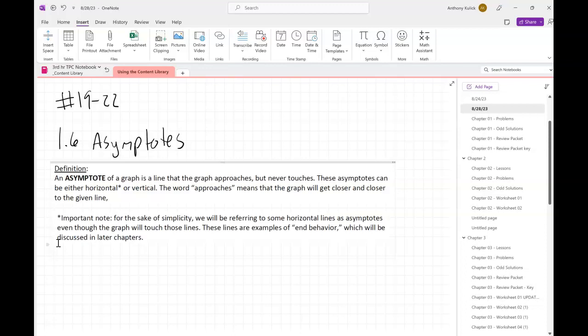So we'll draw some pictures here in a minute and show you what I mean. So we're going to refer to some things as horizontal asymptotes, even though the graph might touch them, as long as at the ends the graph is still having that asymptotic behavior of getting closer and closer and closer, but never actually reaching it.